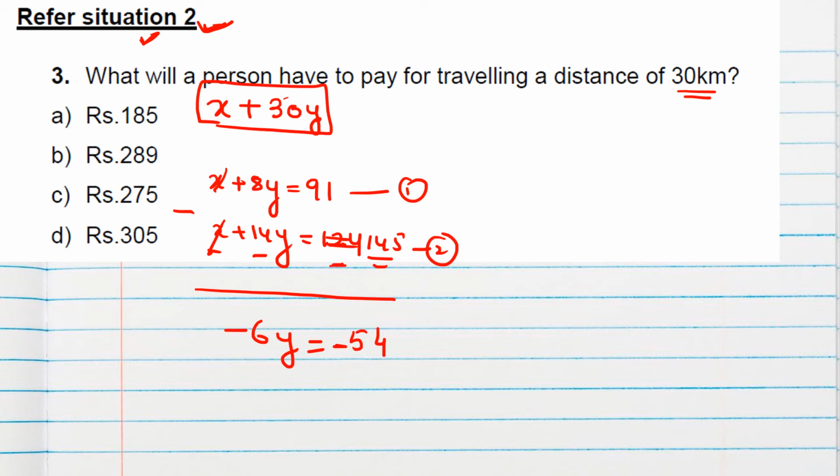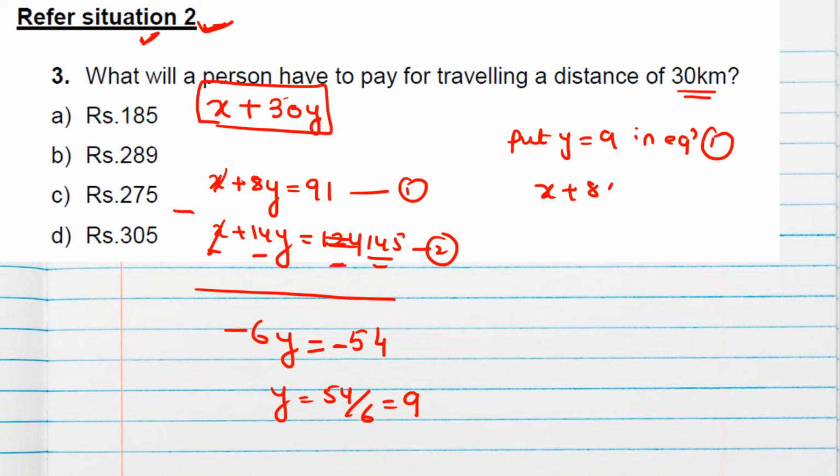So y will be 54 by 6, that is 9. Now put y value 9 in equation 1. So x plus 8 into 9 equals 91. x plus 72 equals 91. 91 minus 72 will give 19. Okay, x is 19.